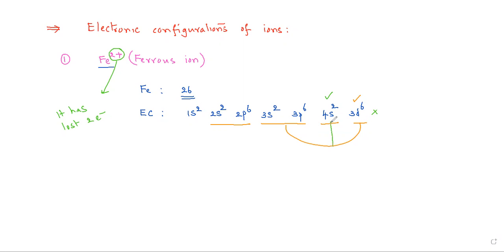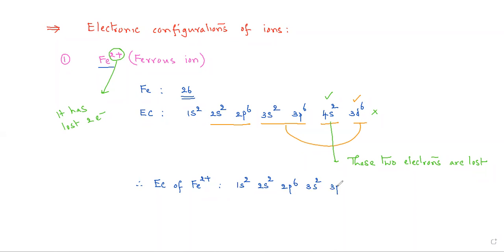Now these 2 electrons are lost. This is something interesting. So the electronic configuration of iron plus 2 will be 1s2, 2s2, 2p6, 3s2, 3p6, and then 3d6.